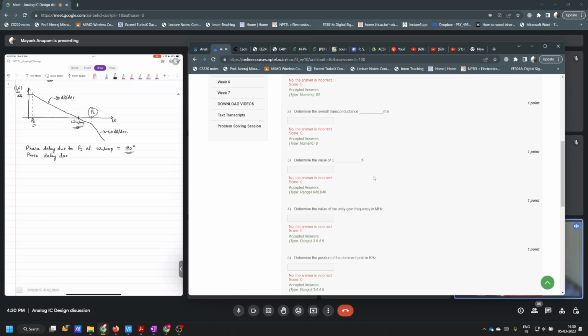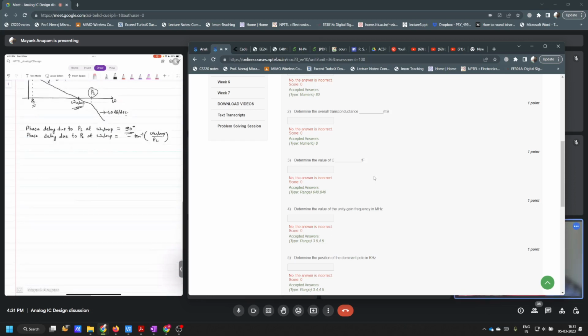The phase delay due to P2 at omega u loop is tan inverse of omega u loop divided by P2.